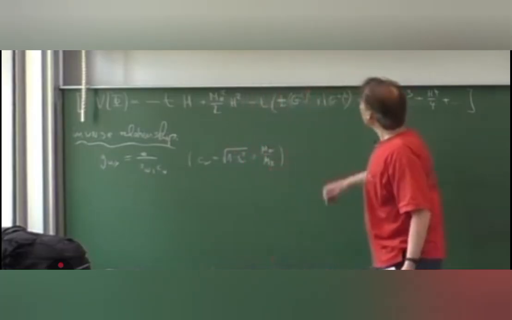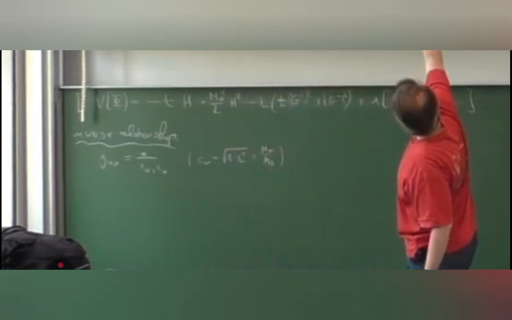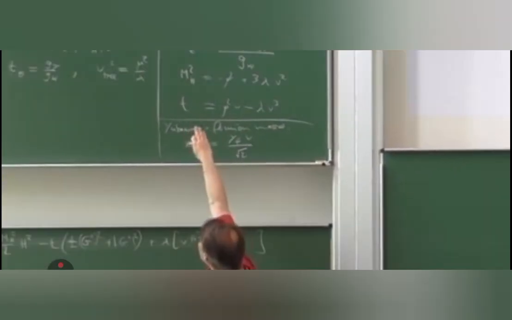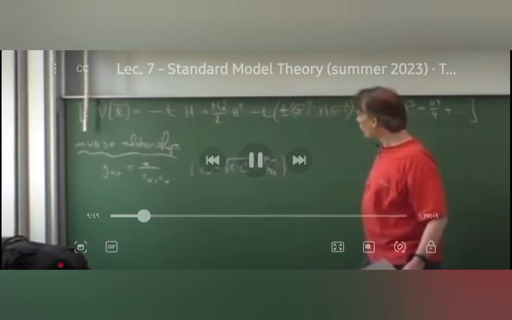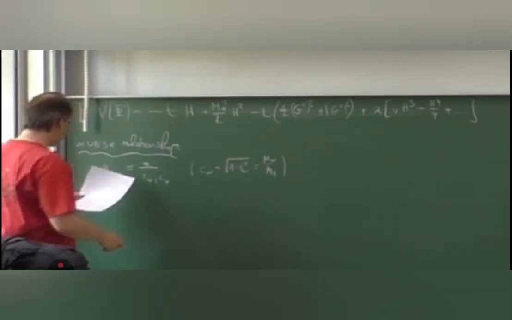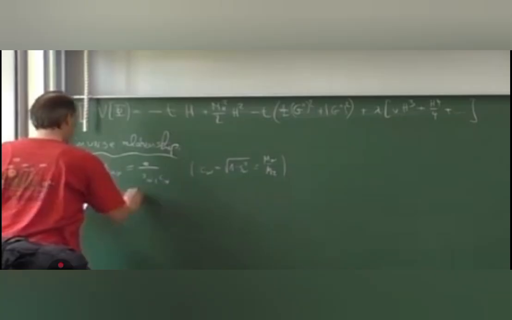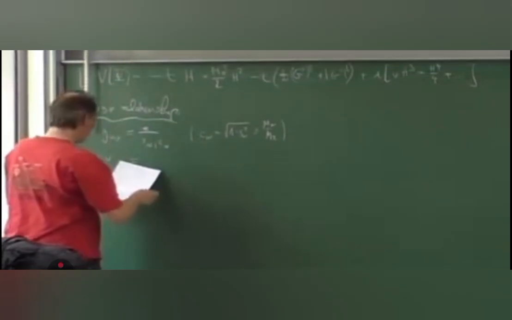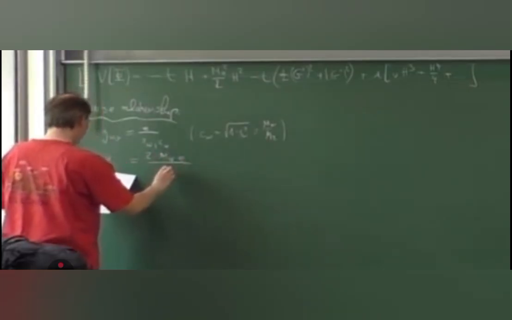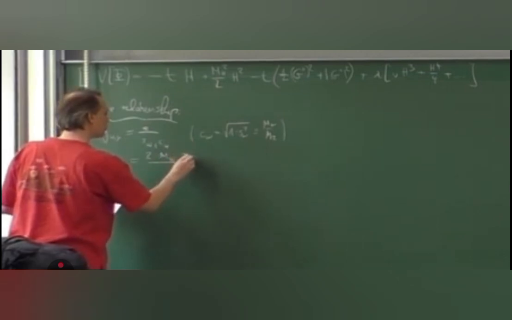So the inverse relationship must start from only those 5 parameters which contain m_W and m_Z, and from the ratio of m_W and m_Z we can construct this version of the weak mixing angle, and then we can obtain our original gauge couplings in this way. The shift v, this would-be vacuum expectation value, is given by 2 m_W times s_W divided by the electric charge.